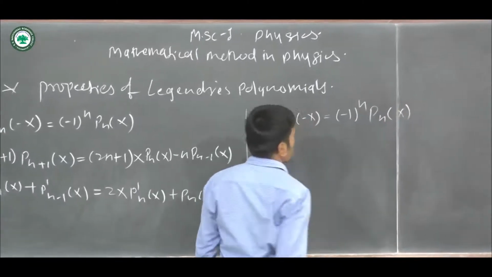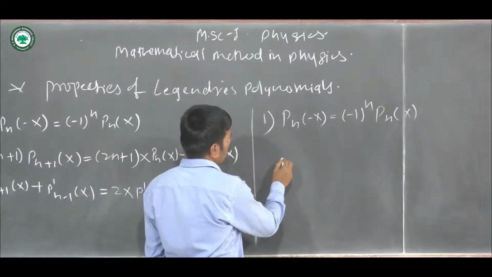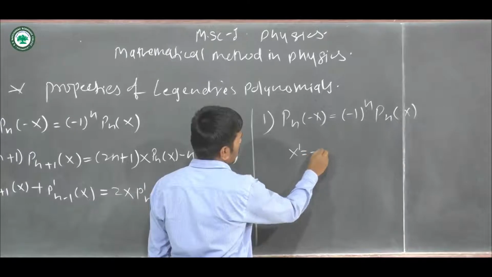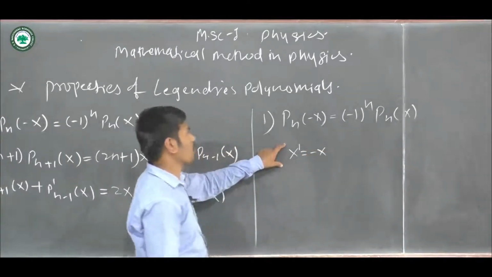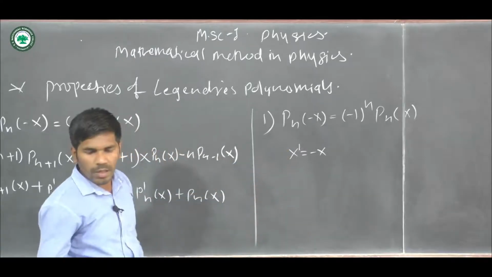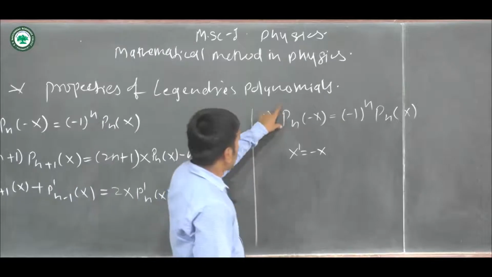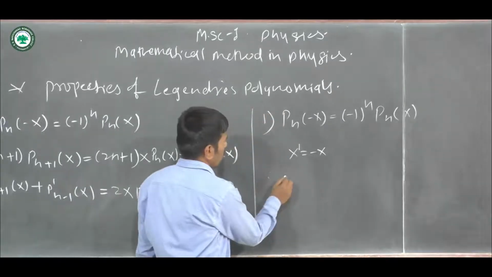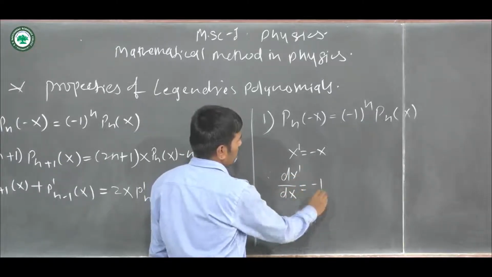Okay, so here I consider x prime is equal to minus x. Okay, so this x prime is equal to minus x. So if I differentiate this with respect to x, dx prime by dx is equal to minus 1.